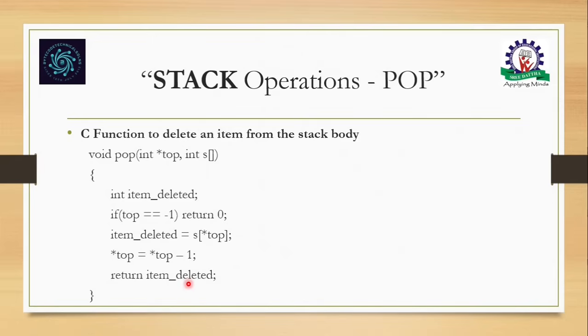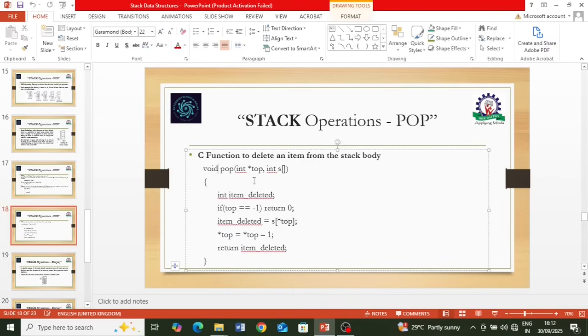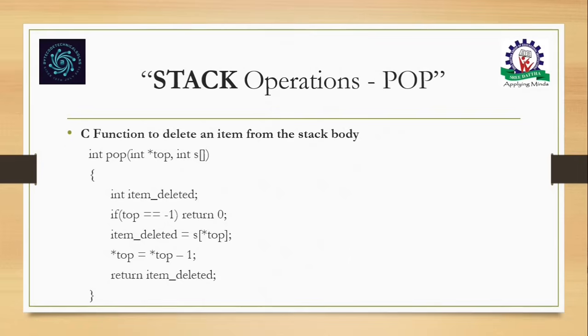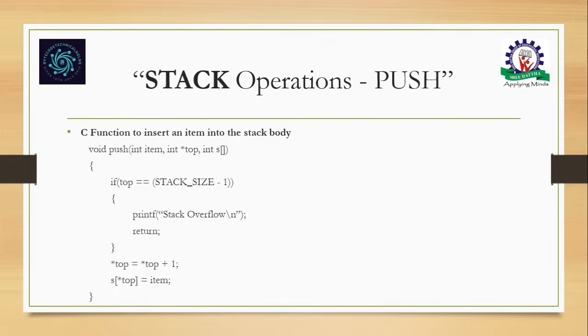Since it is going to return the item deleted, and the item deleted is of type integer, the function data type has to be int, not void. Previously, in the push function, we saw that there is no value being returned back.